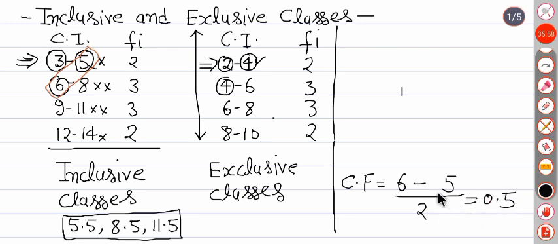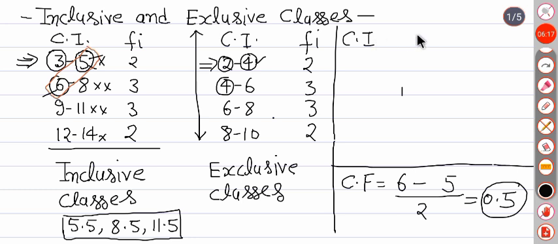And what will you do? You will just add this correction factor to the upper limit and you will subtract it from the lower limit. So just I'm writing it. So class interval and frequency would be the same.